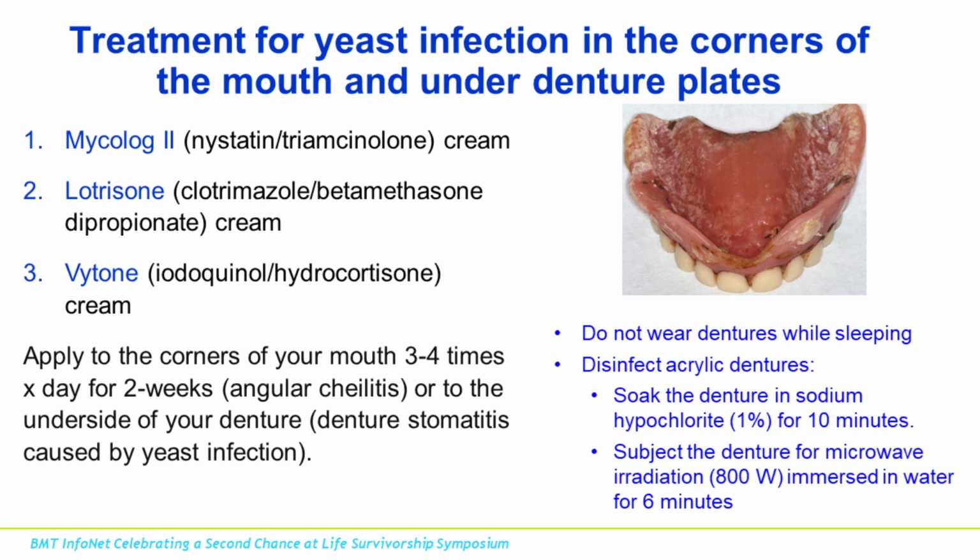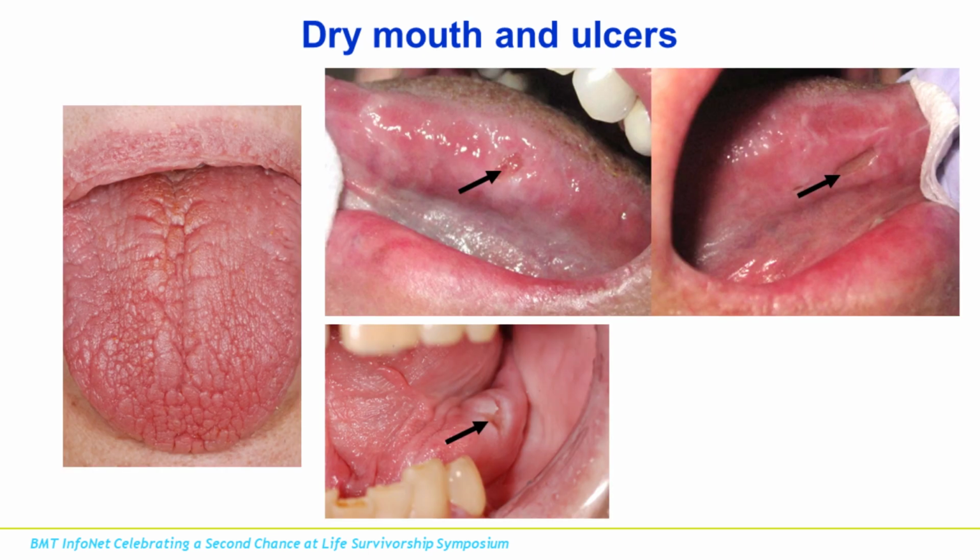Or you can even microwave it, put it in water, and heat it at 800 watts for about 6 minutes. That will kill it. So that's a way you would do it, only for acrylic, these pink dentures. If you have metal dentures, don't try that. For those, using chlorhexidine is the best way to kill those organisms. Okay.